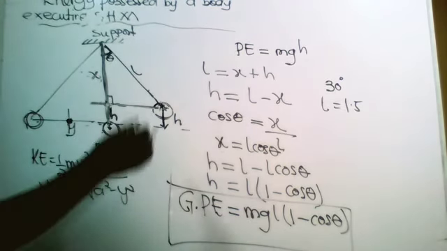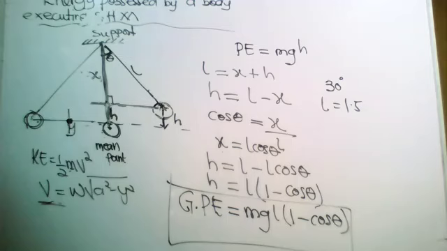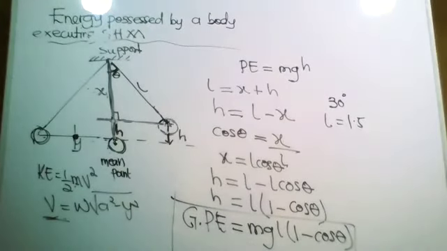However, if it gets to the extreme, the total energy possessed is potential, and at the mean point, the total energy possessed is kinetic. All right. Then let's draw the energy graph in terms of its potential energy and its kinetic energy.